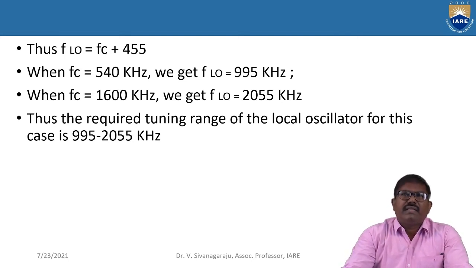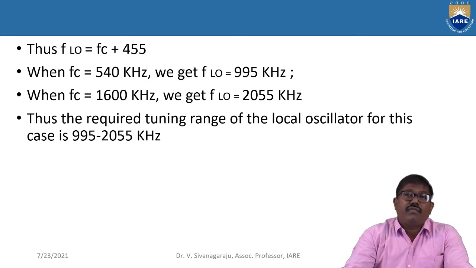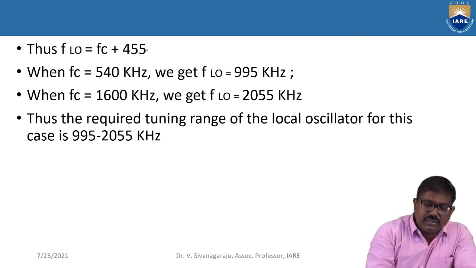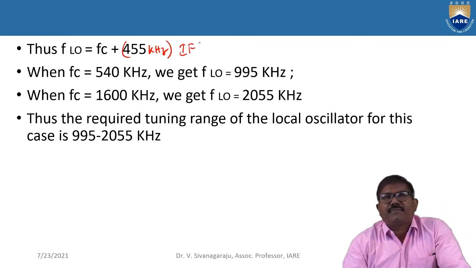So that's why F0 or FLO, the local oscillator frequency, is equal to Fc plus 455. Here, what is 455? That 455 kHz is nothing but our IF, the intermediate frequency.